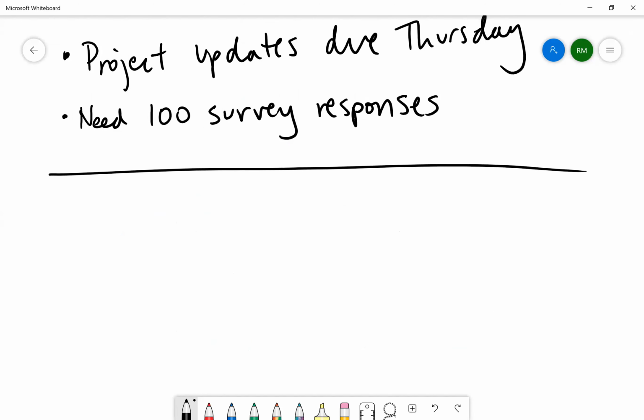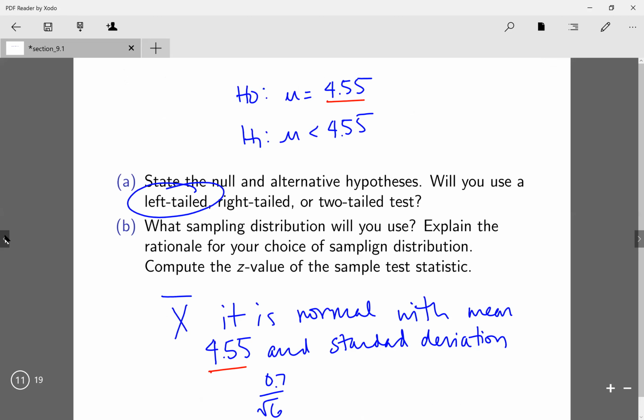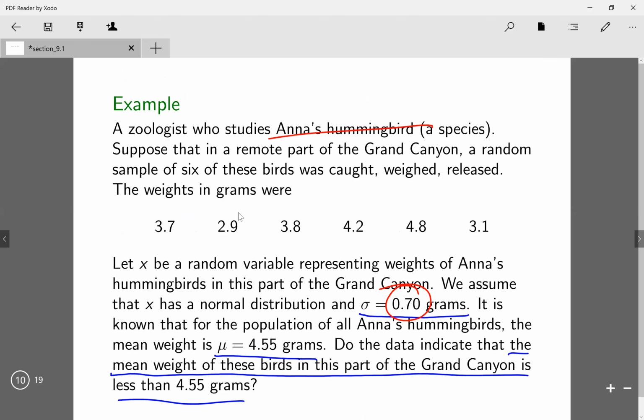So what do we know? Well, if we took the sample of those 6 values, we would find that our sample mean is 3.75 grams. So where does this come from? If I go back to my original data set, I see that if I average these 6 numbers here, I will get 3.75 grams.